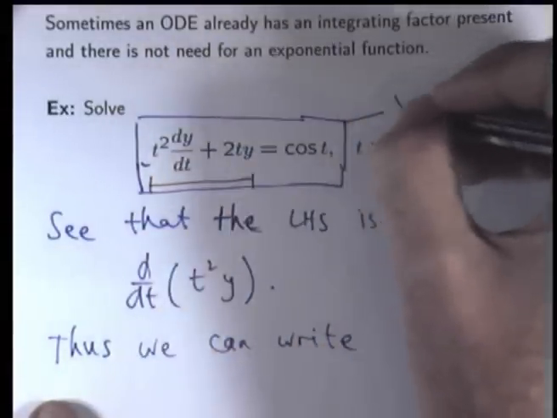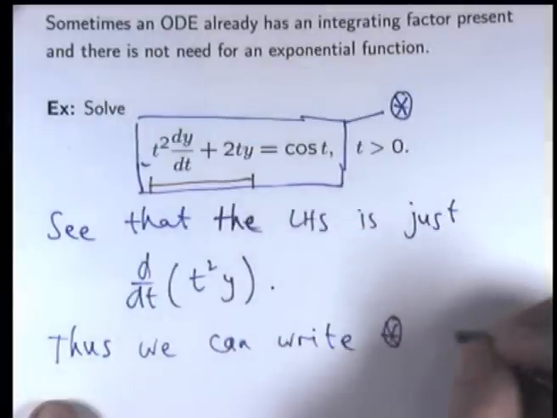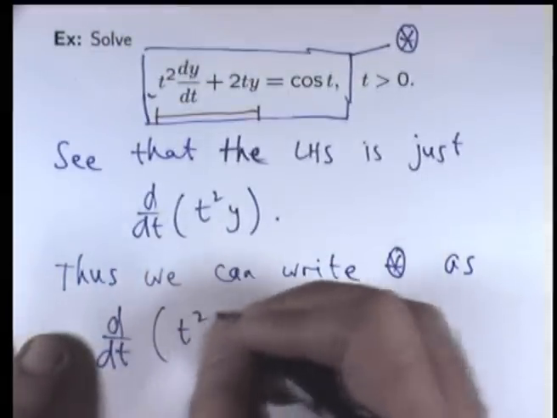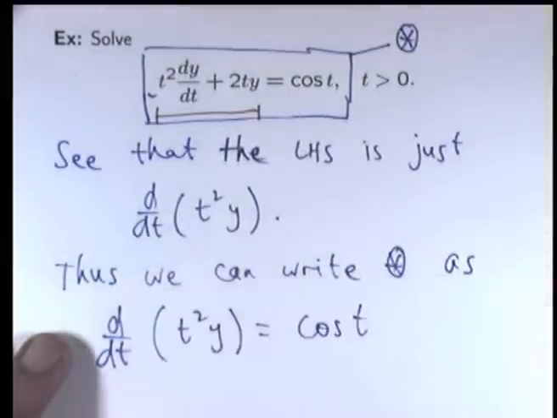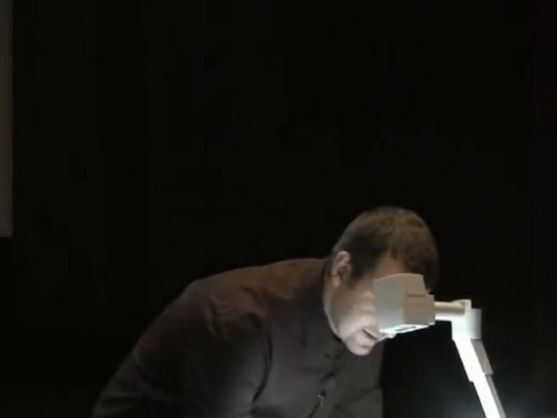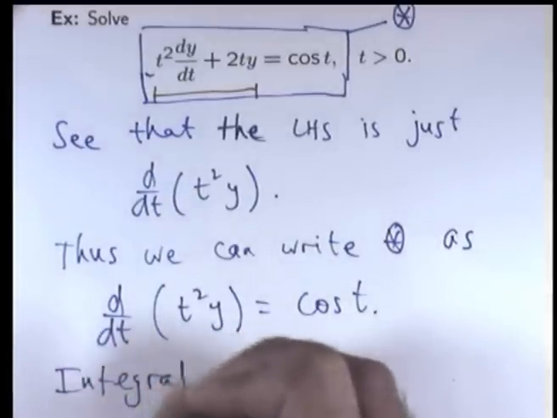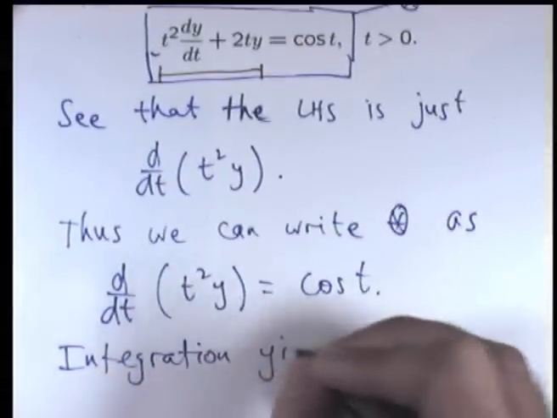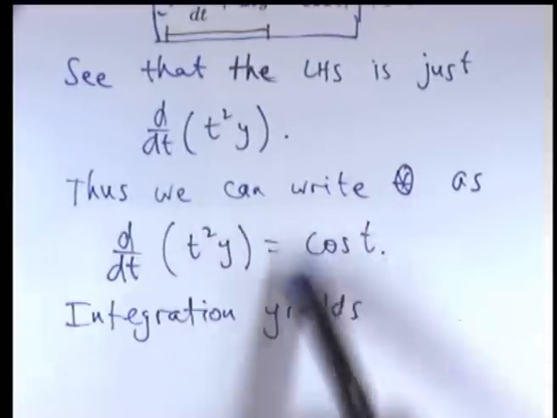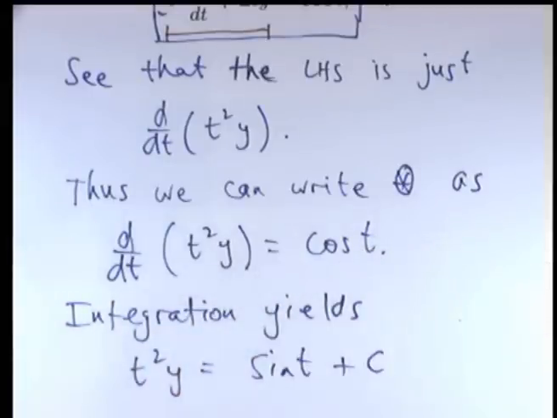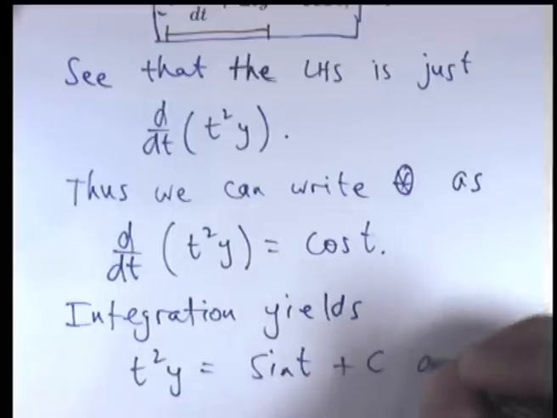Let's call this star. Now I'm in a good situation. I can integrate both sides, and then the solution should pop out. Integrate both sides with respect to t, and I should get something like this. Now, rearrange to form the solution.